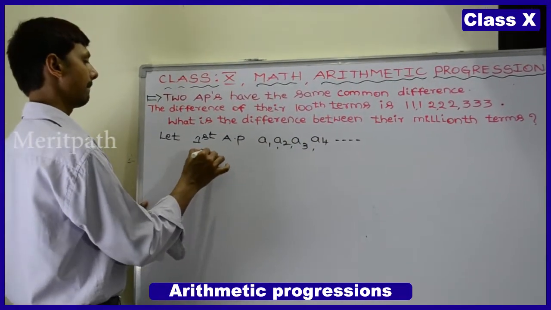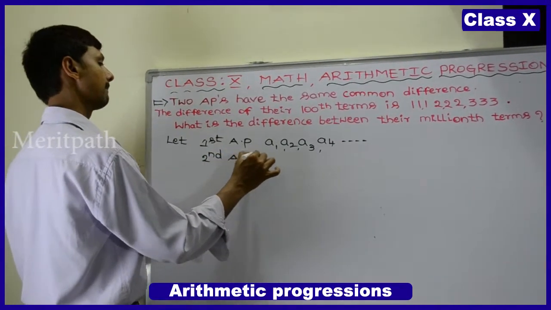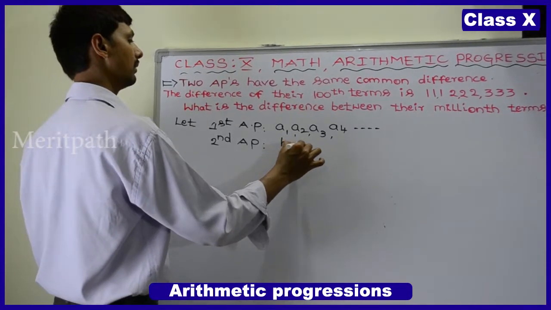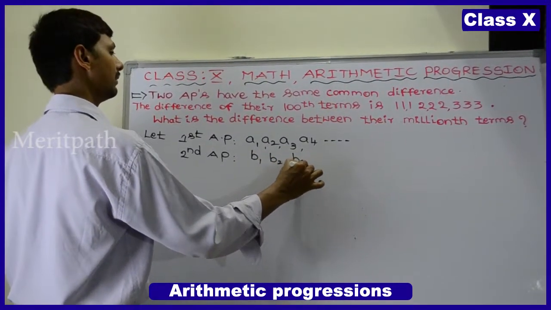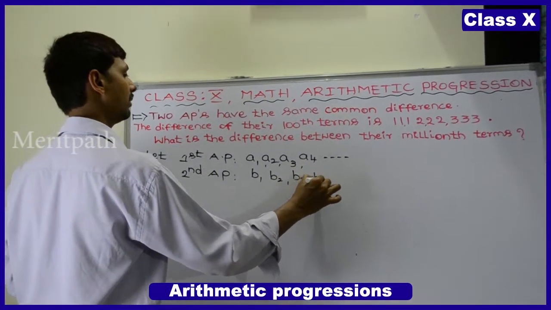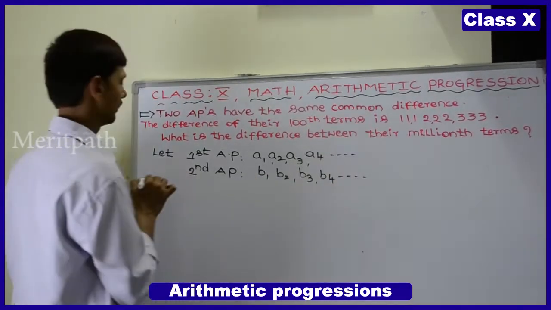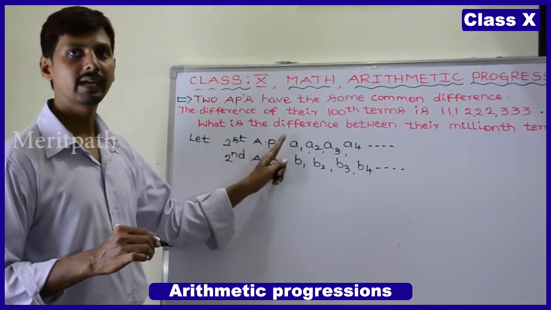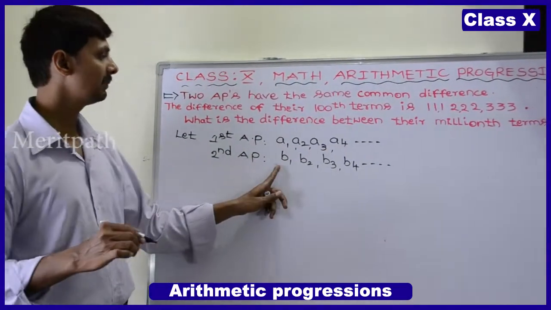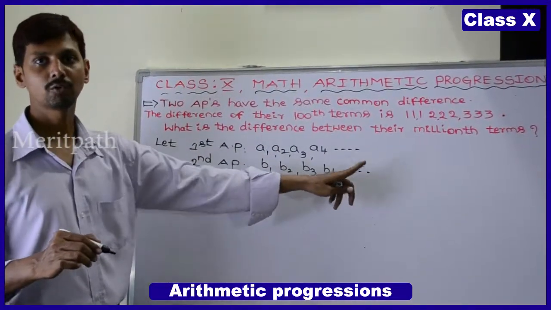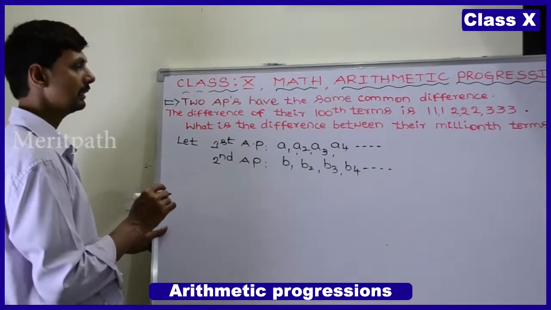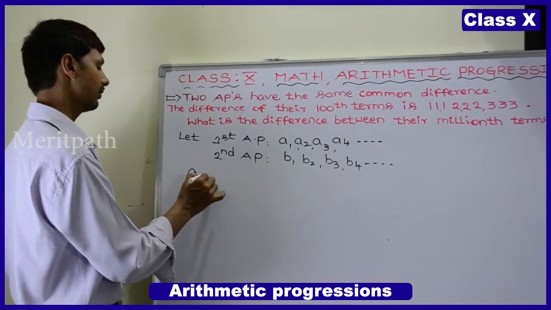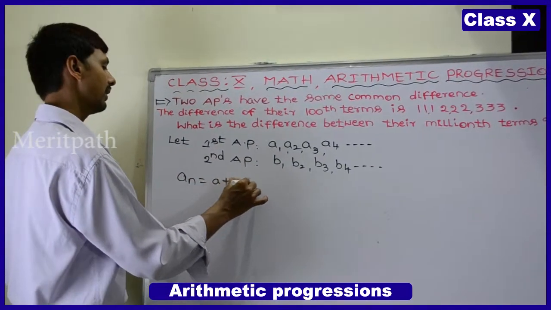The second AP is B1, B2, B3, B4 and so on. We know that the general term of an AP is An equals A plus (n minus 1) into D.